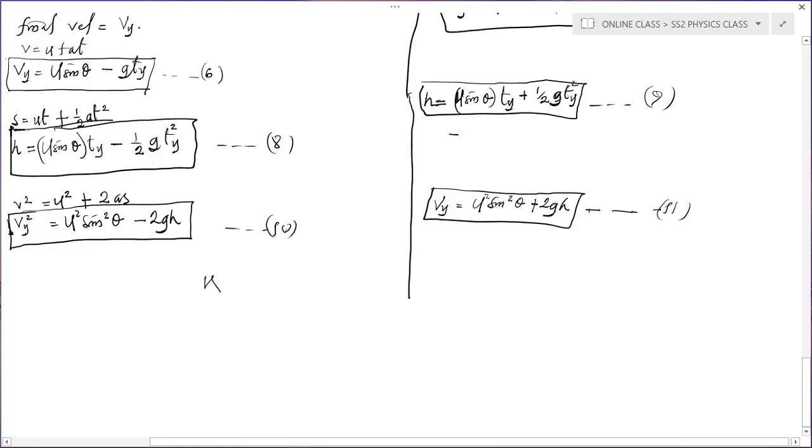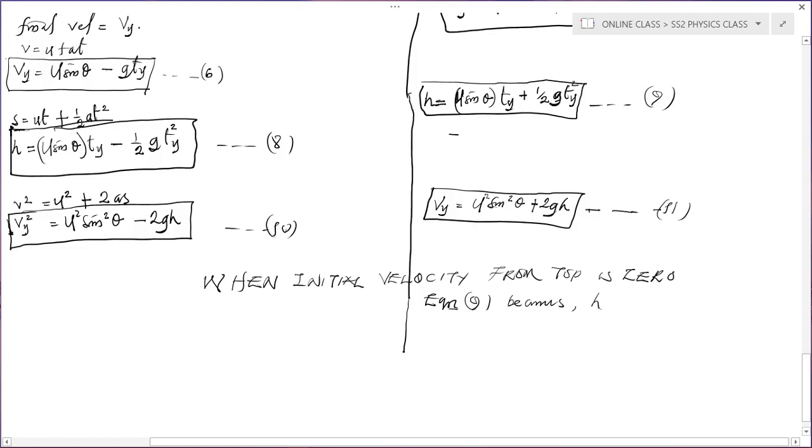Now when the initial velocity from the top is zero, equation 9 becomes h equals half g ty squared, and that's equation 12.